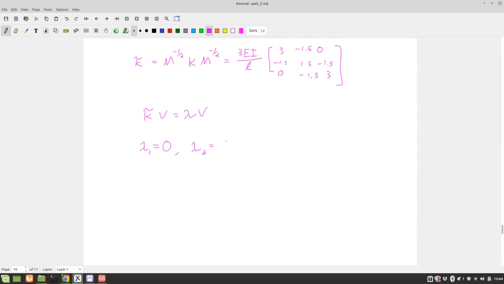Eigenvalue 2 is equal to 3. And eigenvalue 3 is equal to 4.5. I also get eigenvectors. V1 needs to be corrected. That needs an arrow.